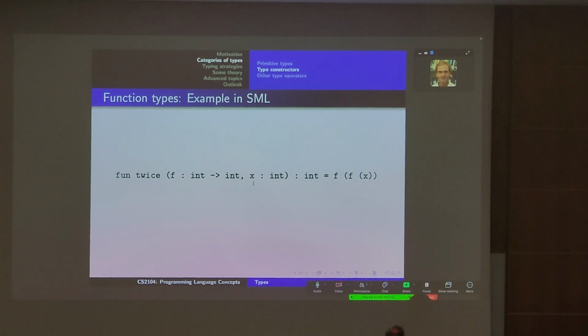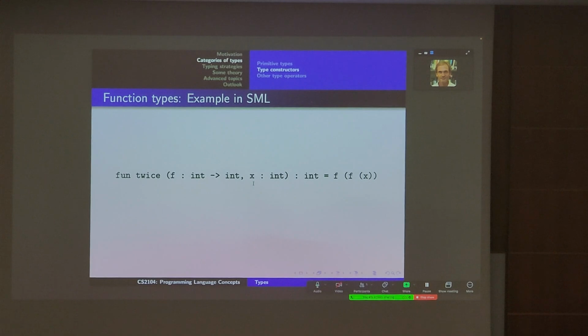In functional programming languages, you can make these function types explicit. That means you can describe a function type using a language of types. So this is an example in SML.